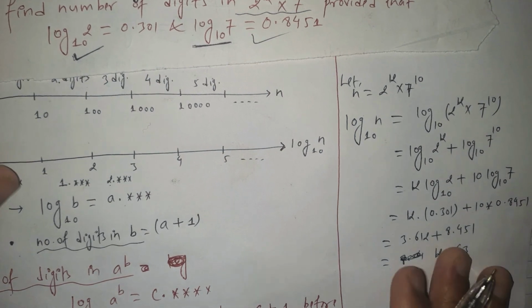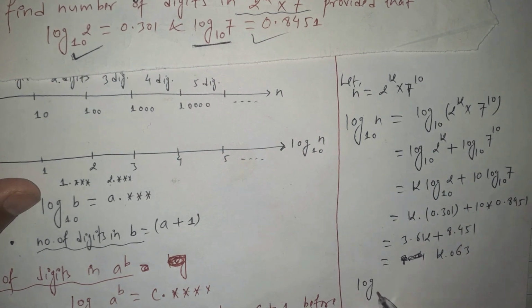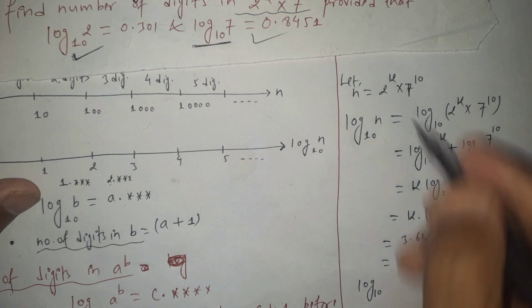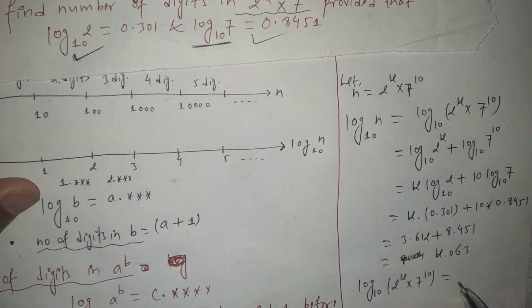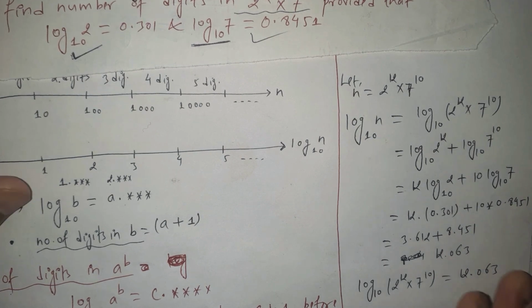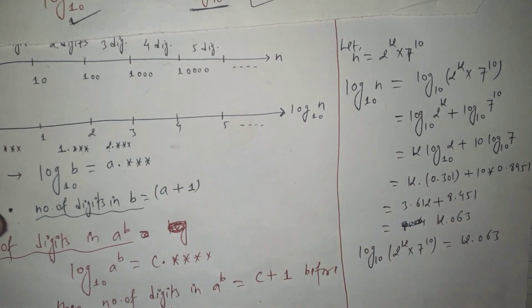Here we finally obtain the logarithmic value with base 10 of the given number, 2 raised to the power 12 times 7 raised to the power 10, as 12.063. This is the logarithmic value of the given number.